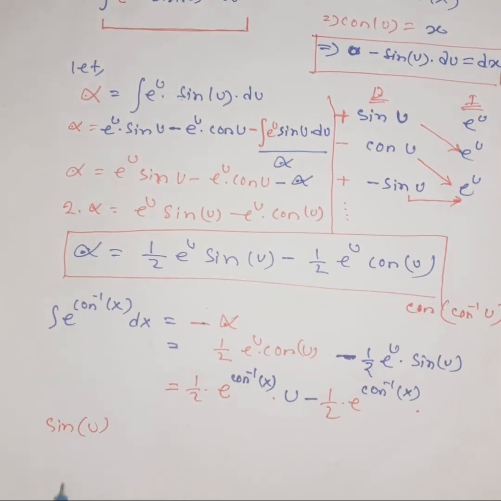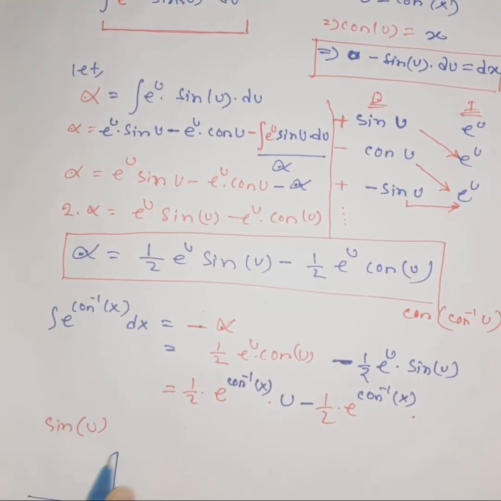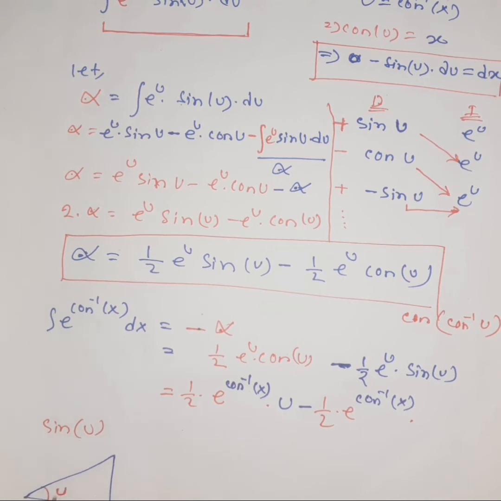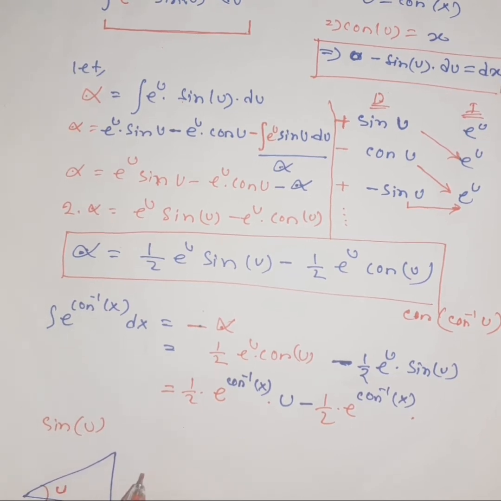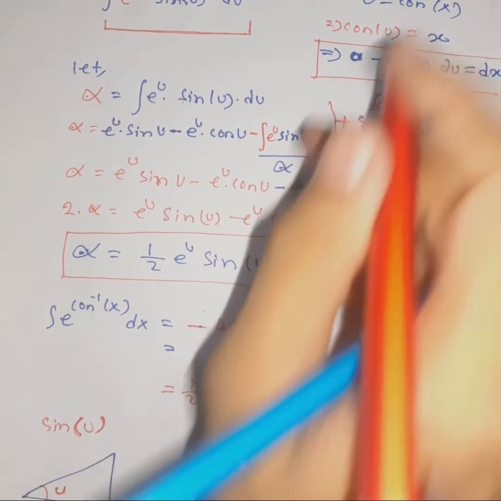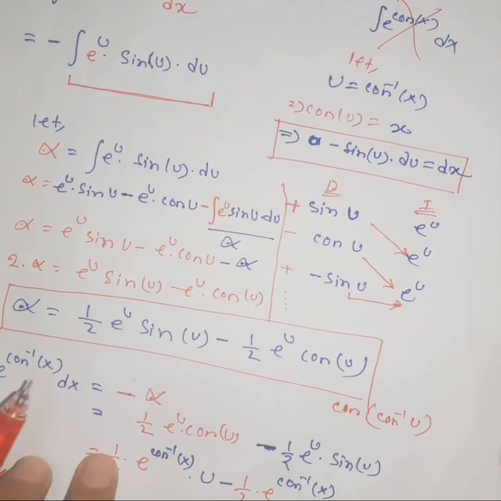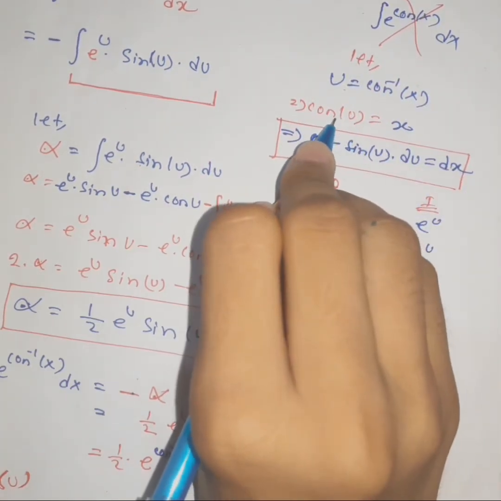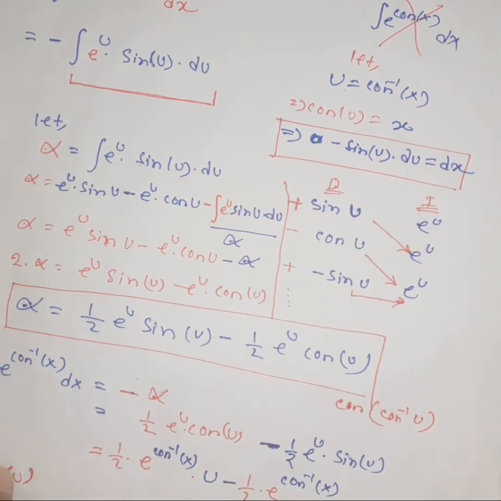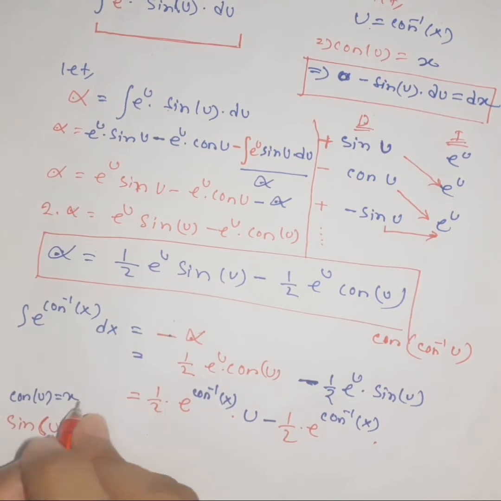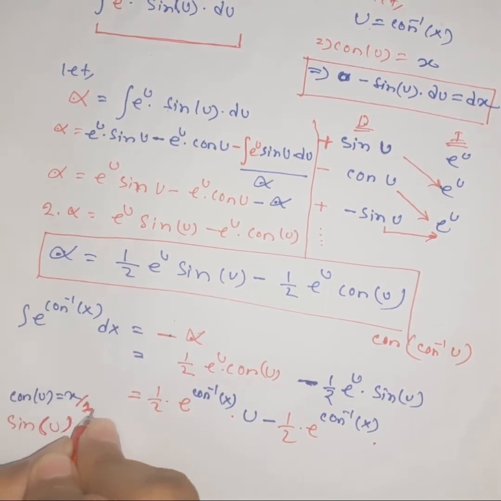okay, let's draw a right angle triangle to solve this one. So this is the angle u, and look at our first substitution, that cosine of u equals x, so let's write it here, cosine of u equals x. So x is the same as x over 1, right?